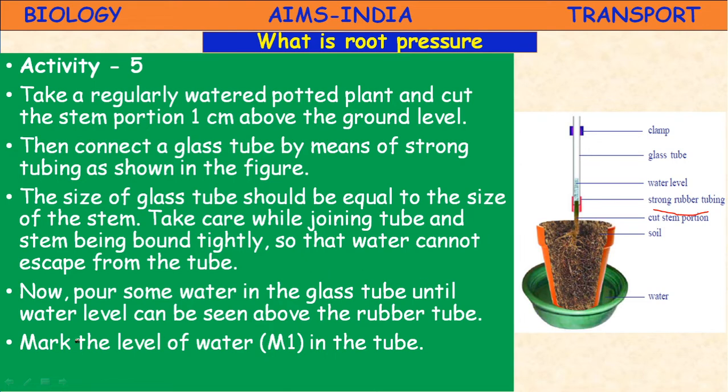Now pour some water in the glass tube until the water level can be seen above the rubber tube. Mark the level of the water as M1. This is the setup.